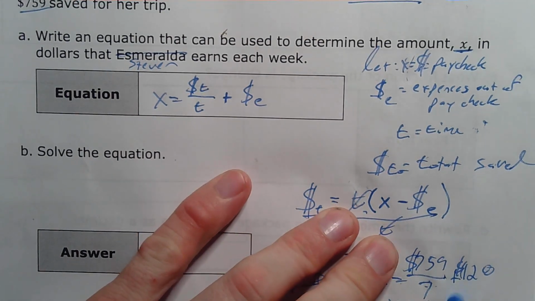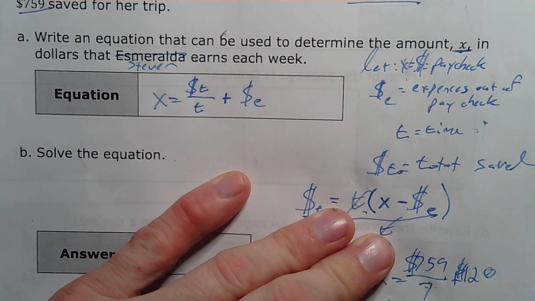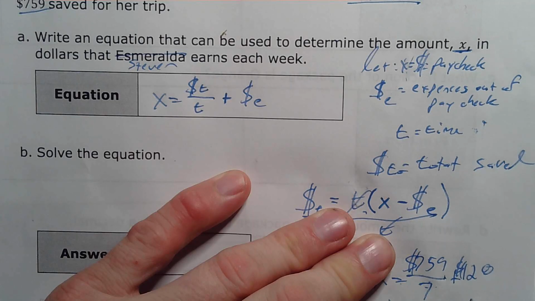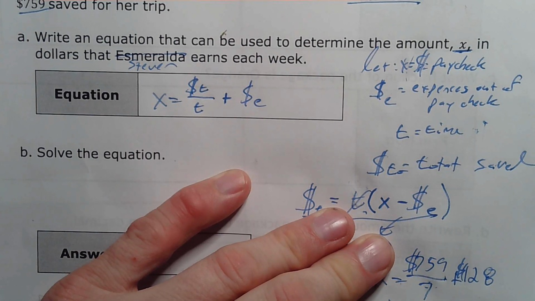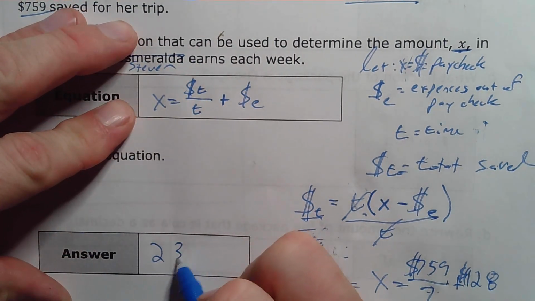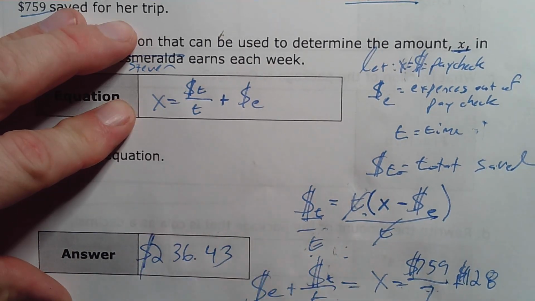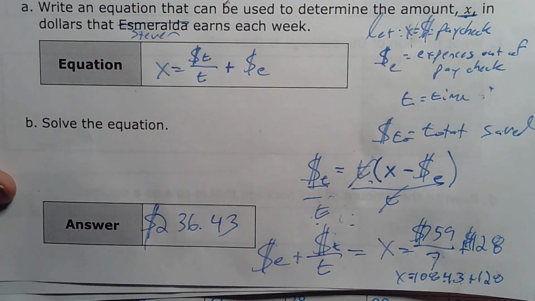Round it up to 43 because it's cents, because you round up in cents, and then plus $128, and that ends up being $236.43. So that's the answer to that one.